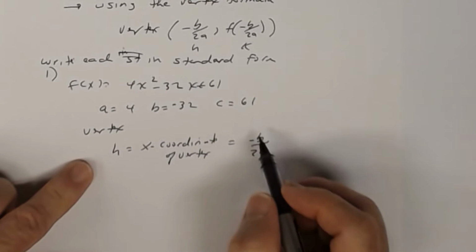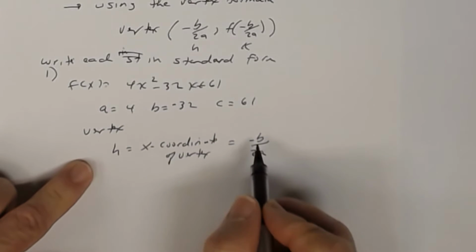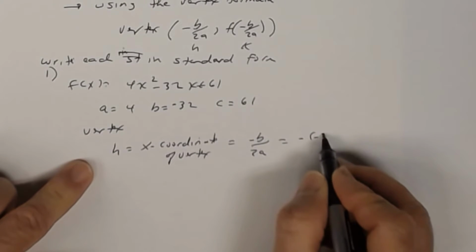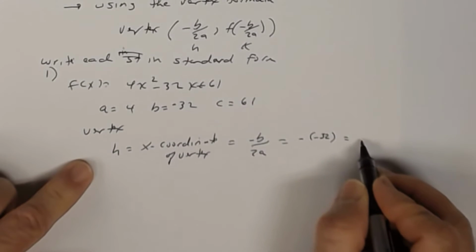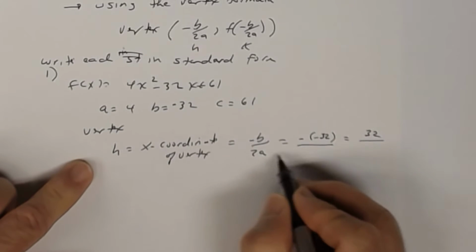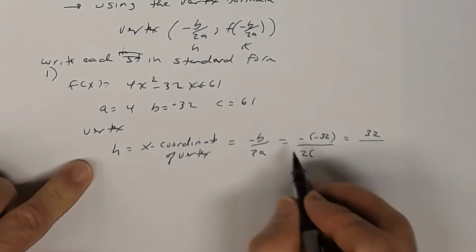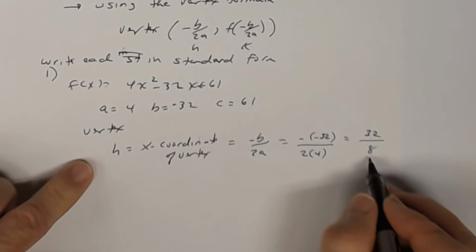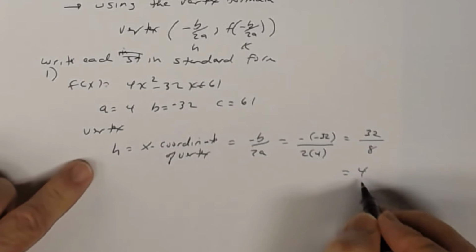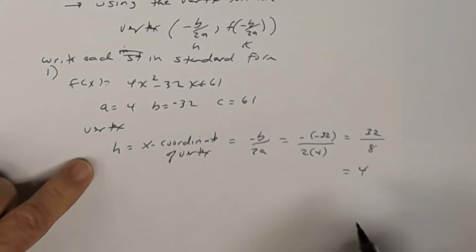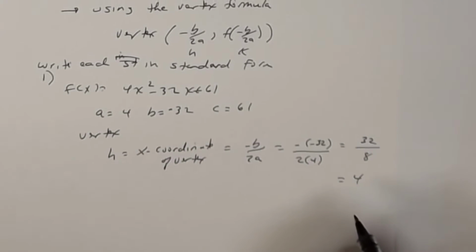So if b is negative 32, the opposite of negative 32 is a positive 32, correct? And over here we have 2 times a, which is 4, which gives us 8. And 32 divided by 8 is 4. So the x-coordinate of my vertex is 4. So h is 4.